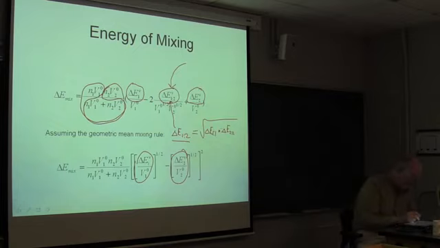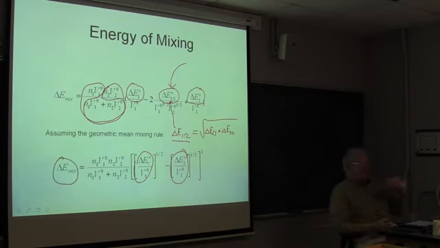So we've estimated this energy of mixing, which is equal to the enthalpy of mixing, which is equal to the free energy of mixing, actually the excess free energy of mixing. And if we want the real free energy of mixing, all we have to do is add back in the term representing the ideal mixture.